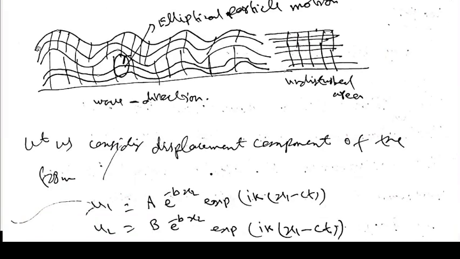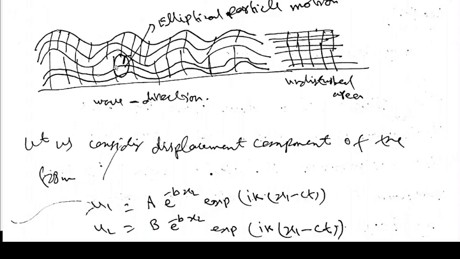Here you can see that as this wave moves towards this side, this side is supposed to be undisturbed. This is the undisturbed region of the whole surface. As the wave moves, it disturbs the ground like an ellipse.